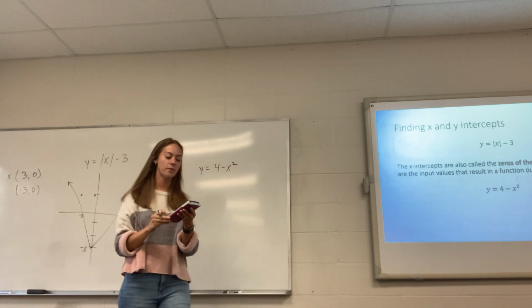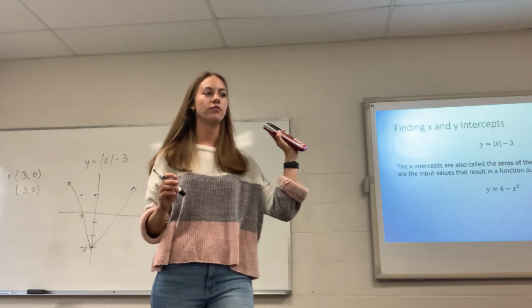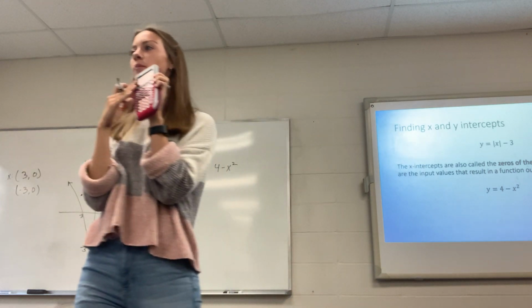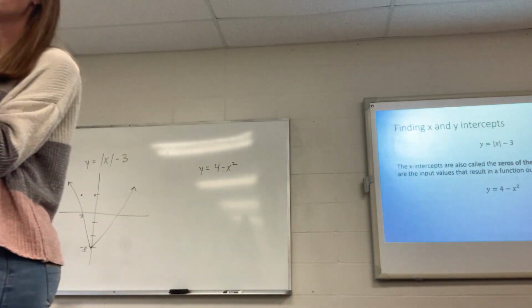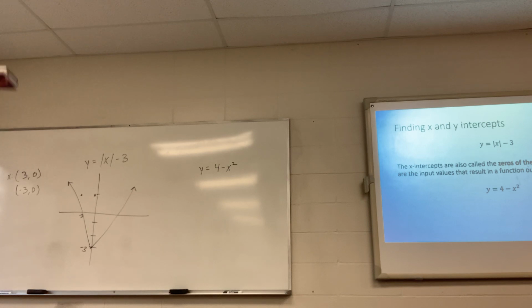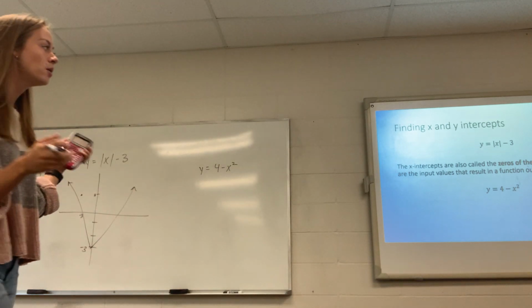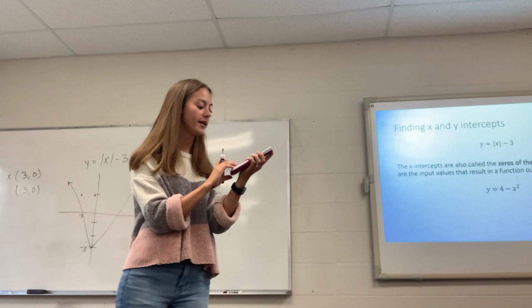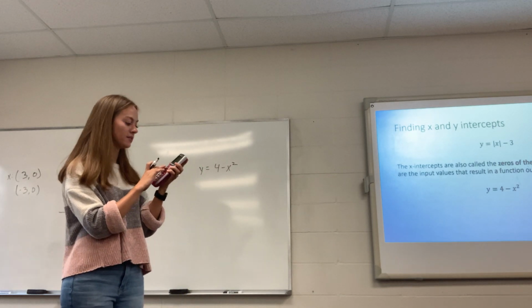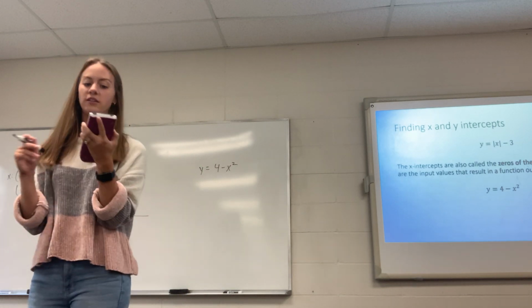Okay, let's practice in our graphing calculators. If you go back to your y equals, because anytime we're trying to graph, we need to go to y equals. You can clear out that other equation because we don't want both of them at the same time. We're just dealing with this right now, so go ahead and type in 4 minus x squared, and then you can graph that.